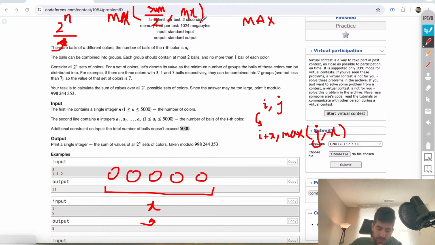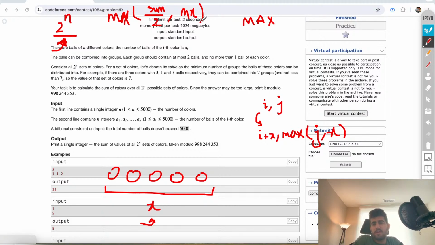I find that you can iterate, introduce one color at a time, and store the number of subsets of size I. How do you keep the maximum? I think we don't need to keep the maximum. We can just sort the array at the beginning.